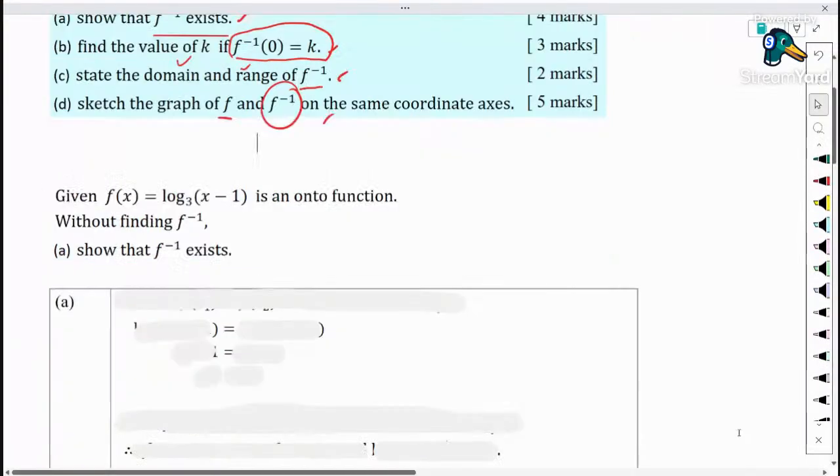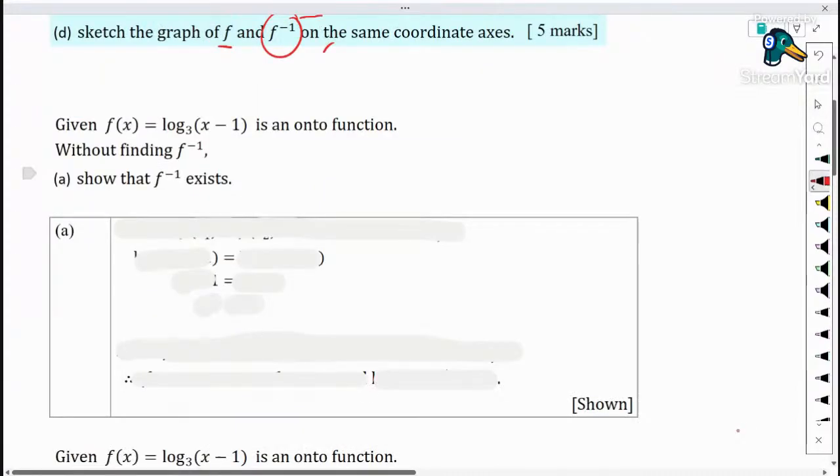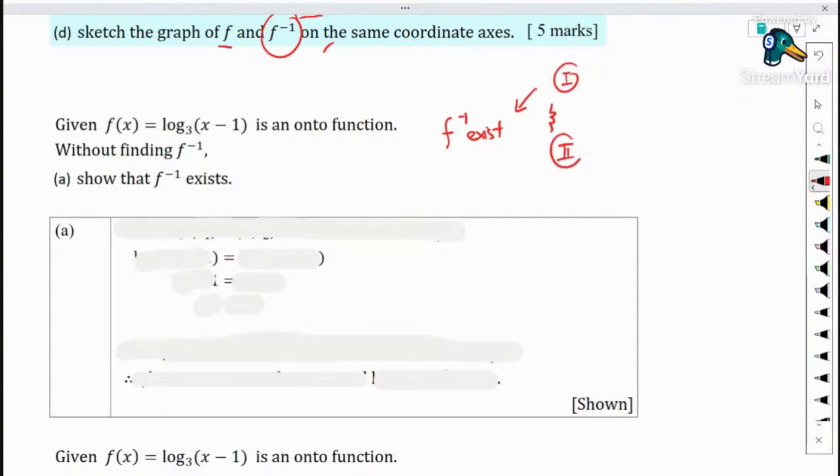Let's see. A. Show that f inverse exists. For information, for f inverse to exist, it must fulfill two conditions: condition 1 and also condition 2. Both of them must be fulfilled for it to exist. So what is the condition? Condition number 1 is that the function f is an onto function.